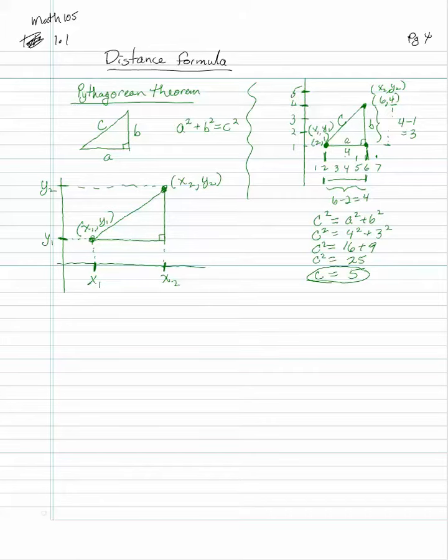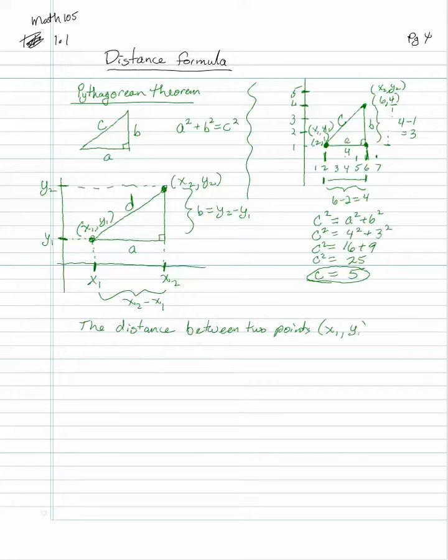So the distance for A is going to be the difference in the x coordinates. So it's x sub 2 minus x sub 1. B is going to be the difference in the y coordinates. So when I do the Pythagorean theorem, and we're going to call it distance, this is the distance formula. So the distance between two points.